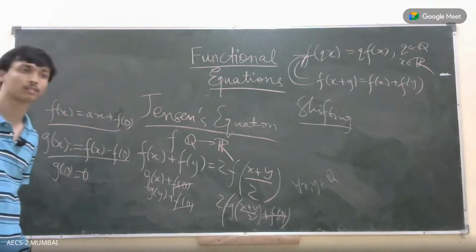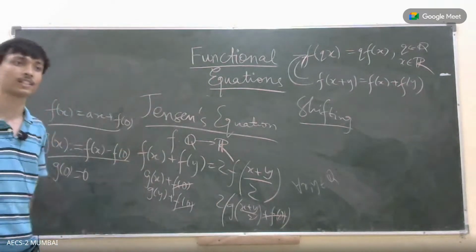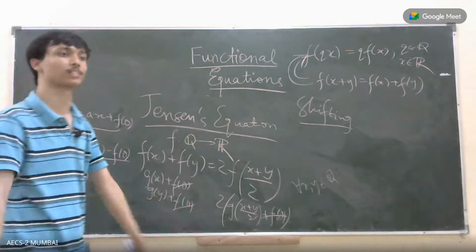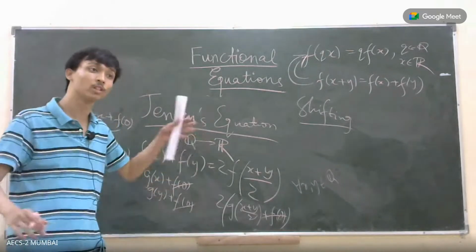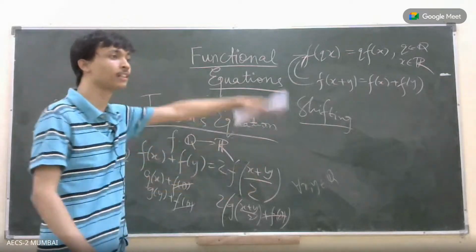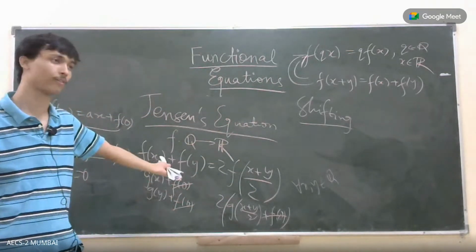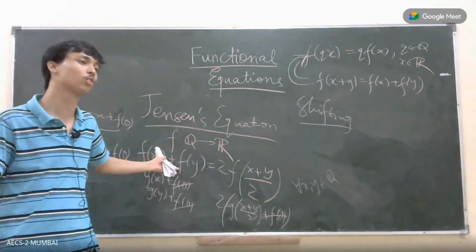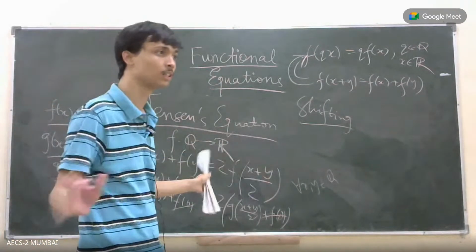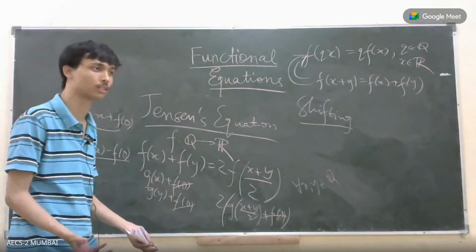So what do we get? That g(x) also satisfies Jensen's equation. But now we have an extra advantage. What is that advantage? We know g(0) = 0. In the earlier equation, we did not have that. In fact, if you put x = y = 0, you get 2f(0) = 2f(0), trivial stuff, right?